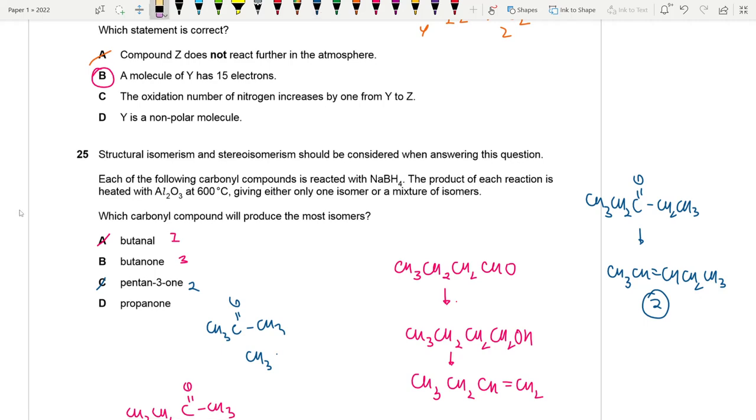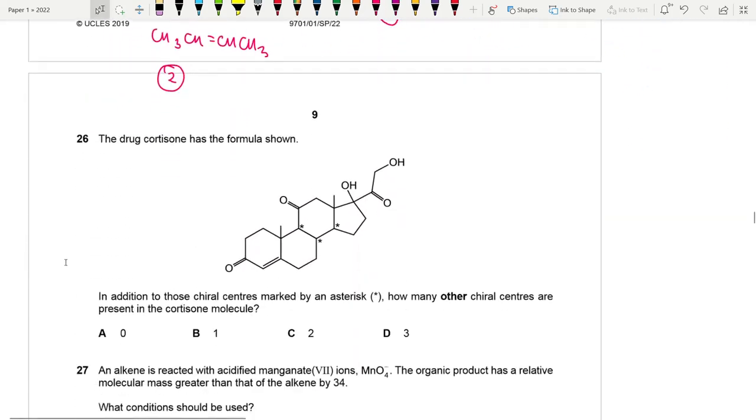Oh, I missed a step here. We're going to get CH3CH2CHOHCH2CH3 first, then this, okay? So we're going to get CH3CHOHCH3 followed by the only possibility, CH3CH=CH2. Do you understand? So that has only one isomer, no cis-trans, okay? So we're going to go with B because it has three isomers.